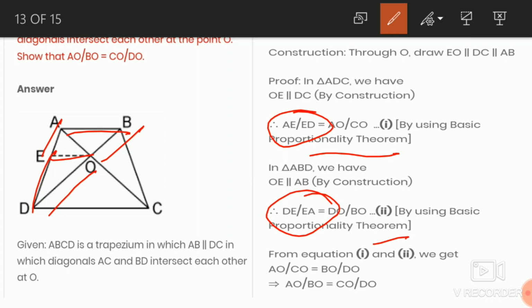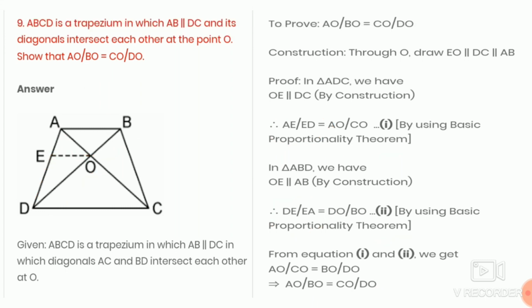Therefore, if we invert it, AE by DE will become BO by DO. Now we will put the value in the next step. So now compare equation 1 and 2, we get AO by CO equals BO by DO. Now just rearrange as it is given in the question. We have got the answer.